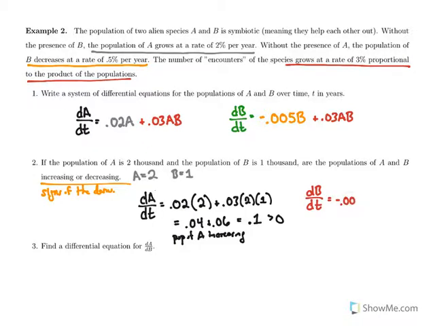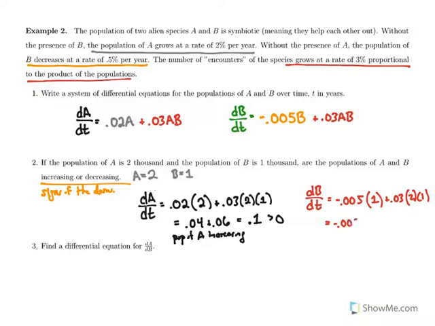Either way, we look at negative 0.005 times B, which is 1, plus 0.03 times 2 times 1.